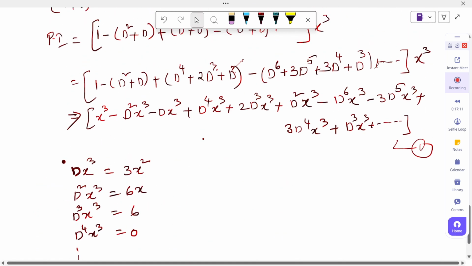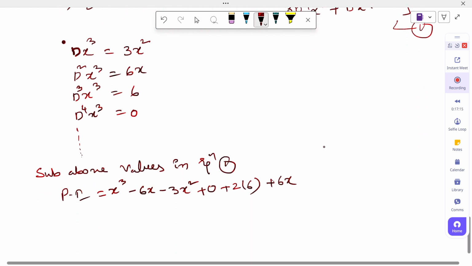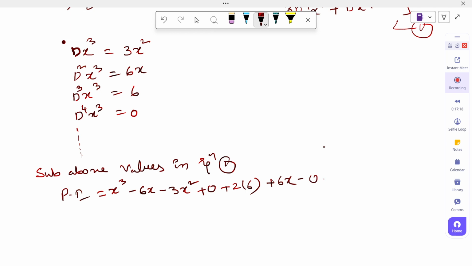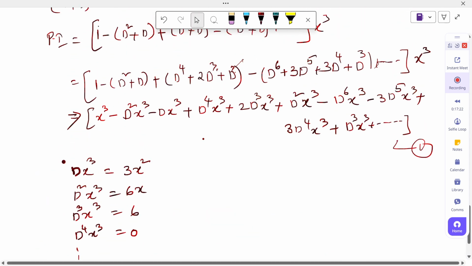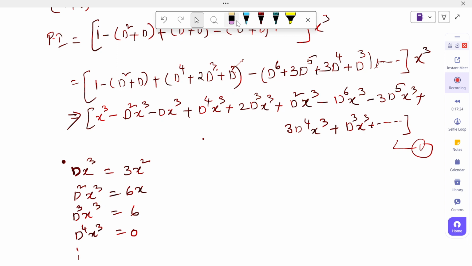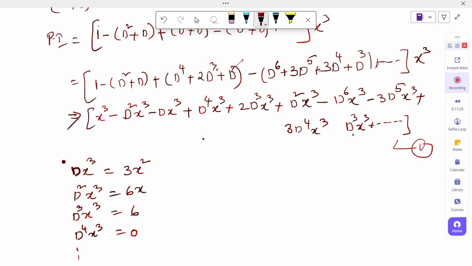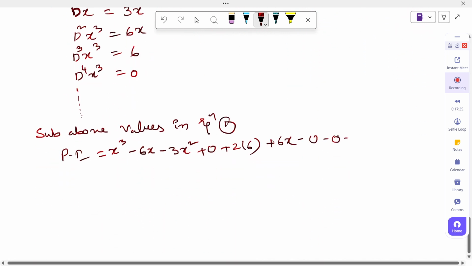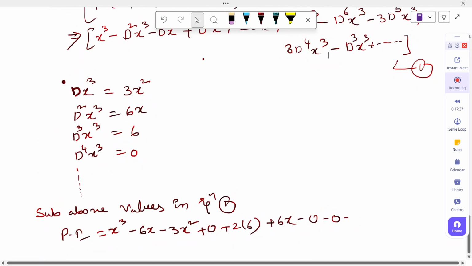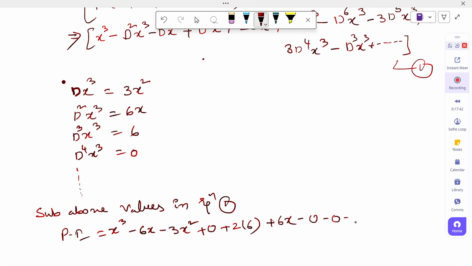Next term d power 6 x cube is equal to 0. Then minus 0, minus 0, minus 0 only. We are multiplying minus simultaneously, so here it has to be minus only. This 0 and this 0, how many 0 have I written? 2 zeros. One more 0 has to come over here. Then it's equal to 0.